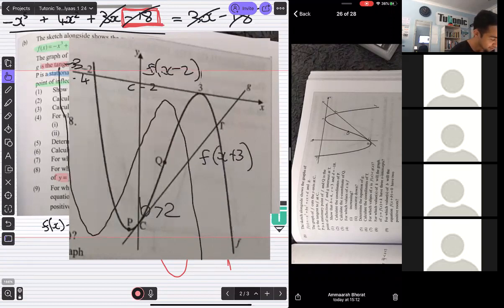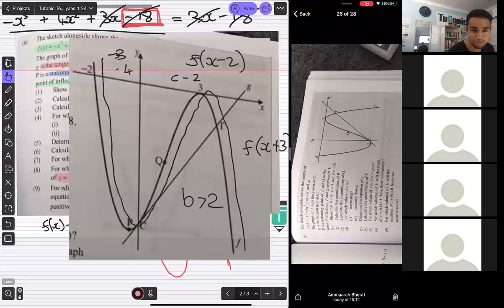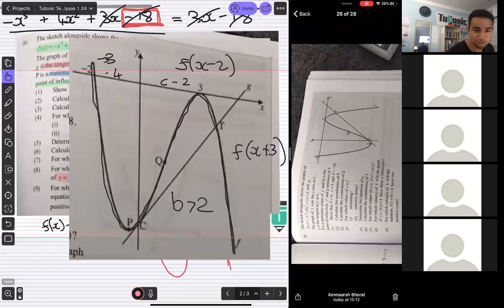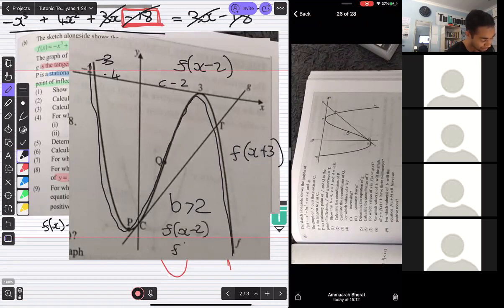To the left. You guys see that? So you must just be careful. You guys knew it was 2, but it must be f of x minus 2 or f of x minus 3 or f of x minus 4. Good.